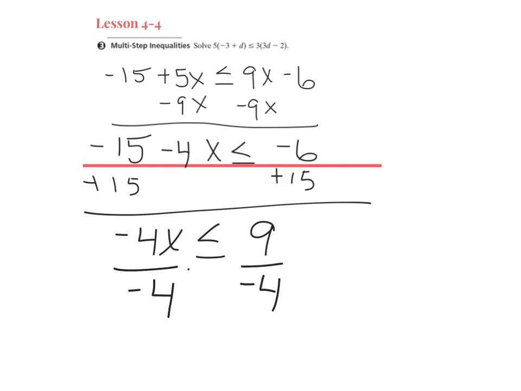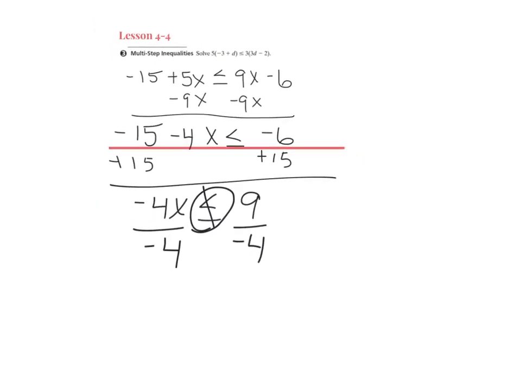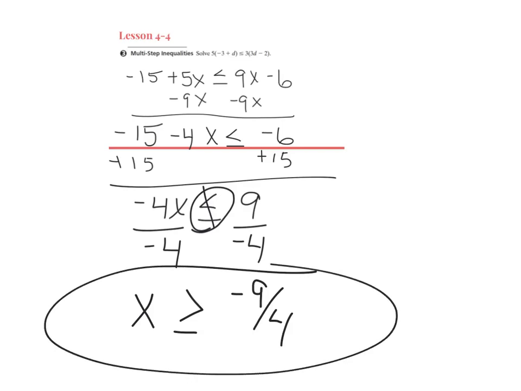They should be, because if we divide both sides by a negative, I have to flip that inequality sign around, and I'm left with x is greater than or equal to negative 9/4. No need to do anything else with that. If you really want to make that negative 2 1/4, you could, but again, not necessary. And that is our final solution there.